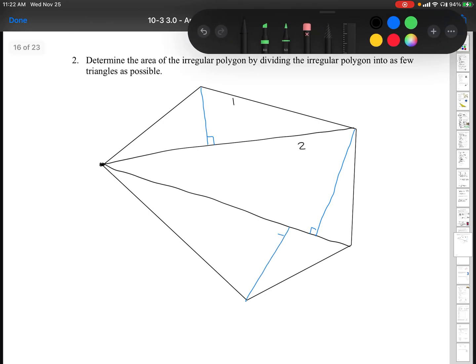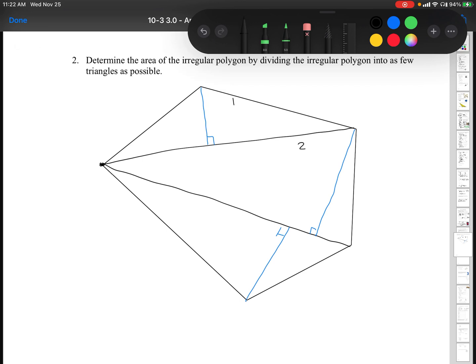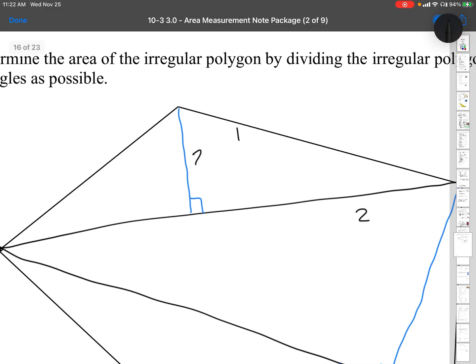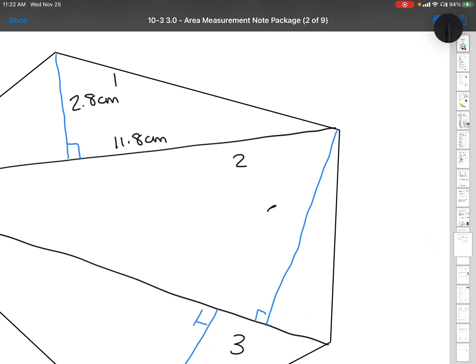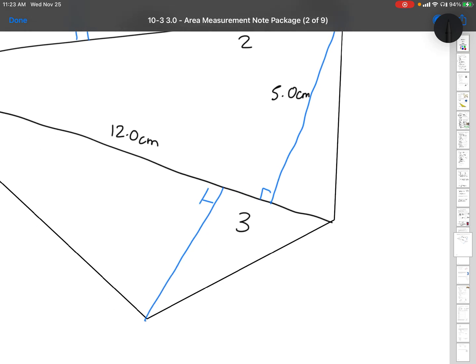Using a ruler again, we can find that this height is 2.8 centimeters, and the base here is 11.8 centimeters. Then 5.0 centimeters for that height with a base here of 12.0 centimeters, and then 3.8 centimeters on triangle 3.